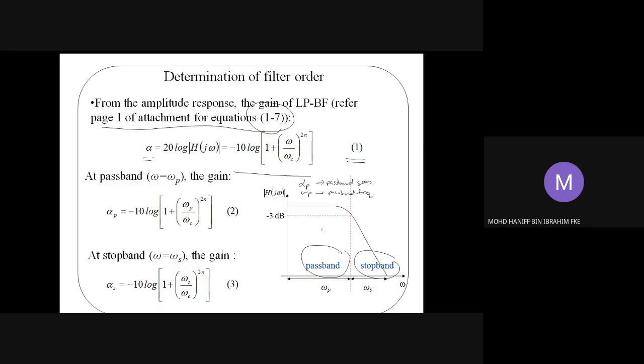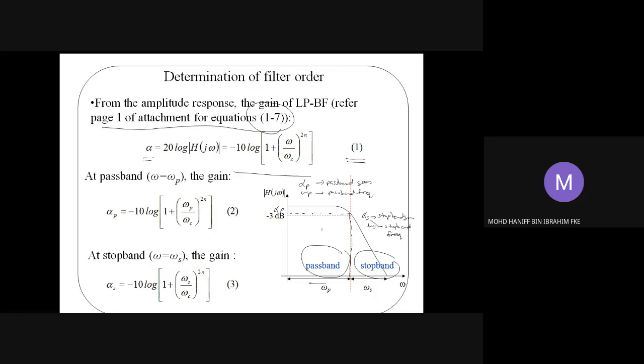This is your omega p, the pass band frequency, and you have this relationship with the alpha p, which is the pass band gain. We also have the stop band gain and the stop band frequency: alpha s will be the stop band gain, and omega s will be the stop band frequency.